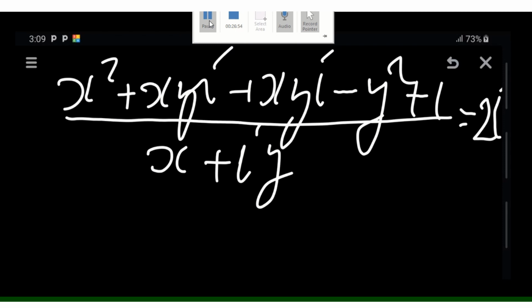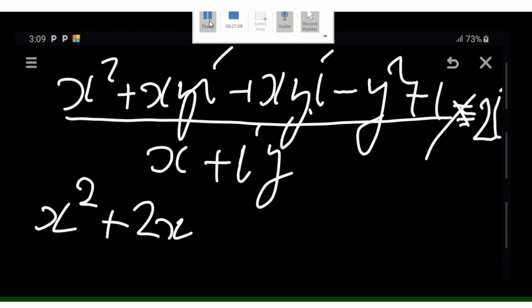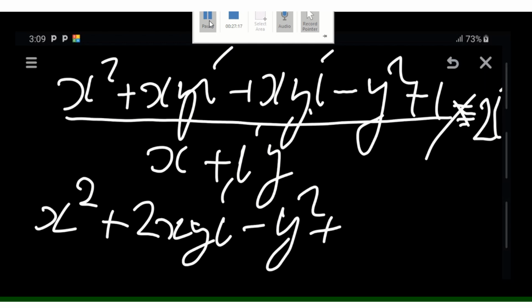So you cross multiply from here. I cross multiply this part, and I'll add the like terms in the numerator, so 2xyi minus y squared plus 1 is equal to 2i multiplied by x plus iy.